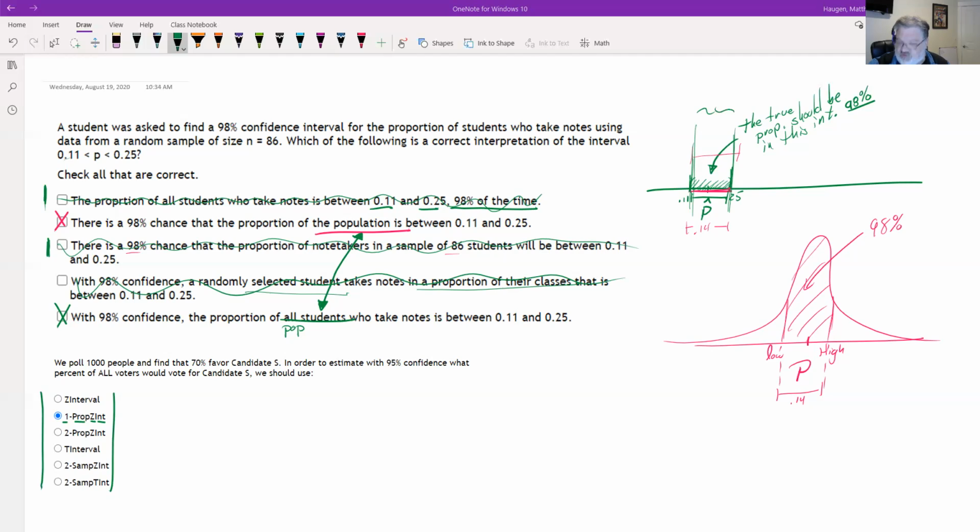Prop Z interval. It's interval, not integer. Prop Z, oh, not test. Oh, interval. That's what I was doing wrong. Okay.